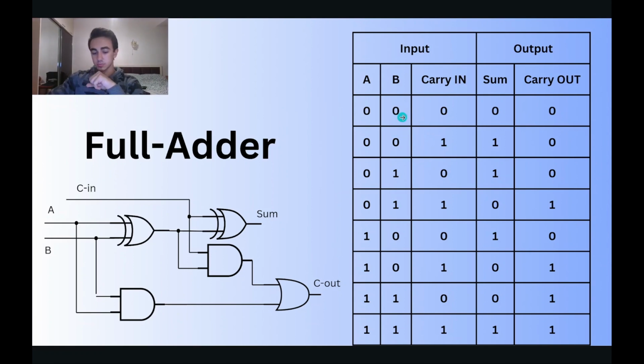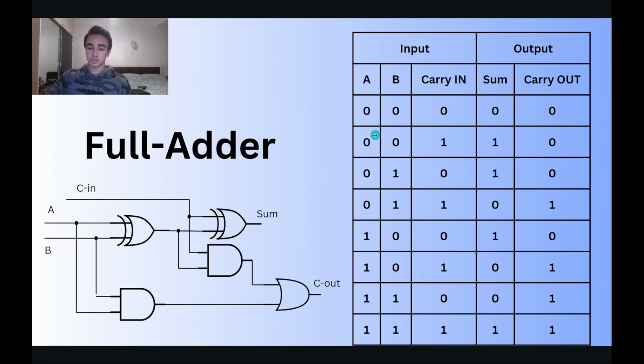So you can pause the video and review it yourself, but here we will do it very quickly. So when the carry is one, it is just an additional addition, if you can say so, with the number. So first we add A and B, and then we add their sum to carry in.